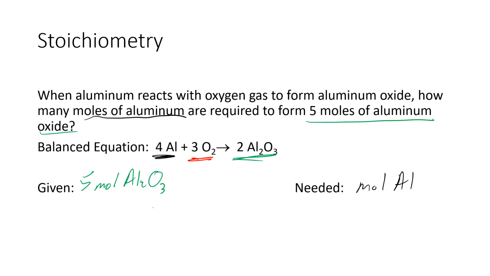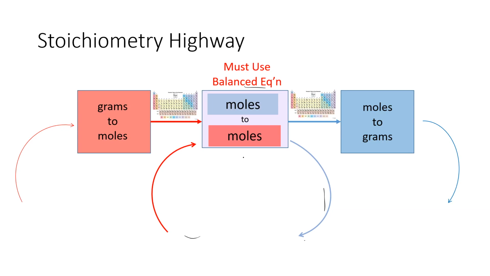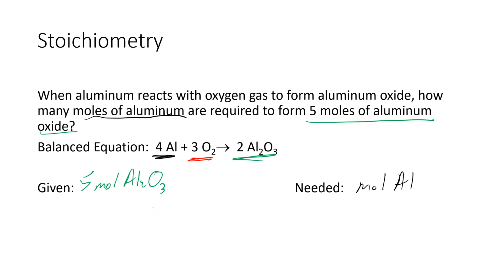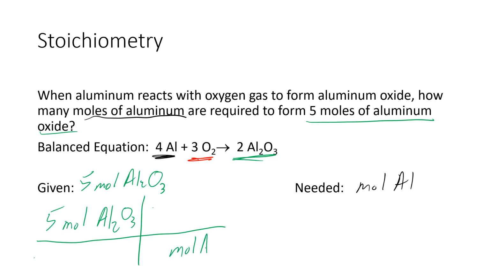This is going to be one of the simpler situations because we're just doing moles to moles. We just need the balanced equation. We don't need the periodic table. So starting with our given, the 5 moles of Al2O3, we need to get out of moles of Al2O3 and into moles of aluminum.